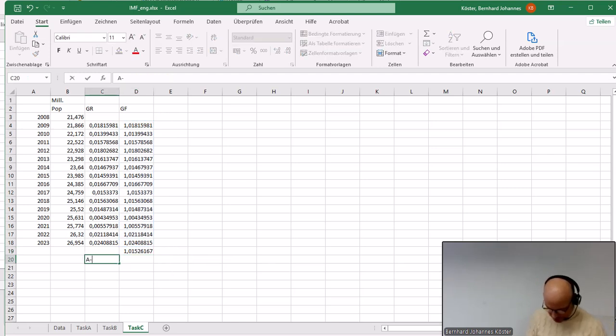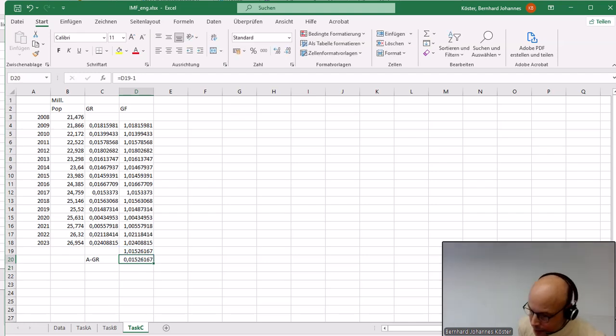And the average growth rate is then the growth factor minus 1, again in percent, maybe 2 digits. So over this time, we have a population growth of 1.5%.